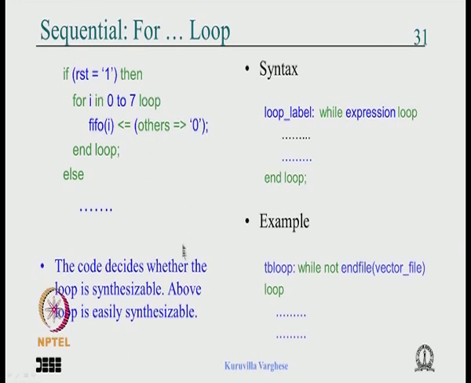So this is synthesizable. But when somebody says the loop is not synthesizable, once again as in the case of variable, it means that you take an algorithm specified using a for loop, translate it straight away into VHDL, and if you give it to a synthesis tool, you may not get a sensible circuit.